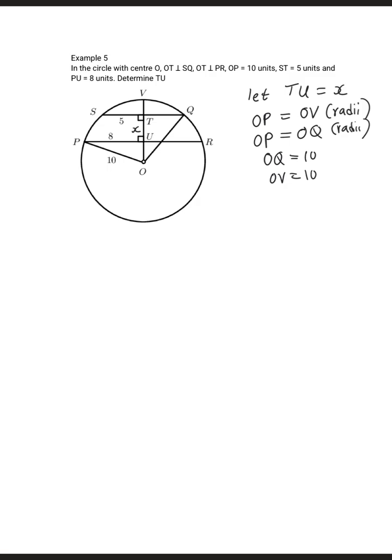Then let's see. In triangle POU, you can see that we have a right angle triangle OUP. So the statement OP is equal to OV is definitely going to help us. Now we have 8 units here and 10 units here. We're going to look for UO. To look for UO, we use the Pythagoras theorem.